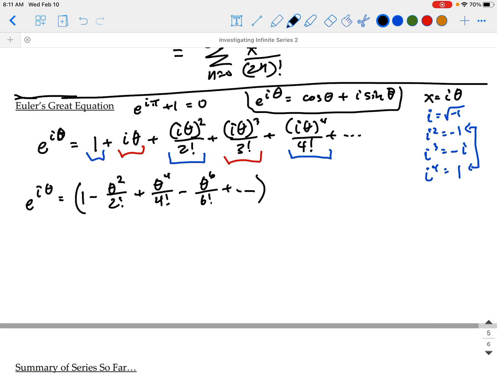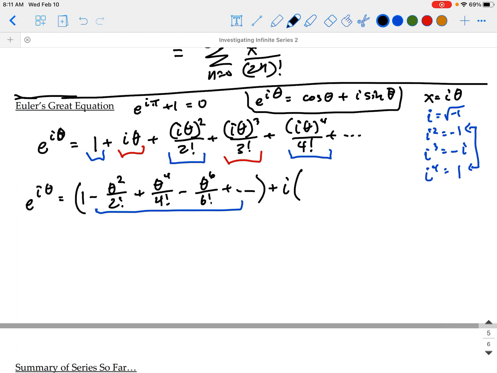So that's the first part, which is the real part. These are all real numbers. The i's disappear. And then for all of the remaining terms, they're all going to have an I in them that's going to either be a positive or negative I. So we can factor out that I from every one of those red terms.